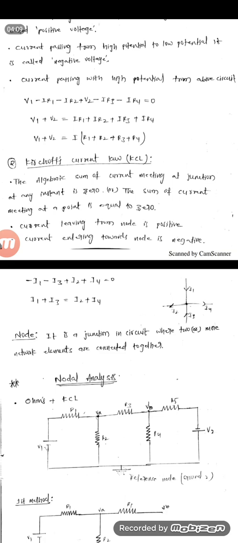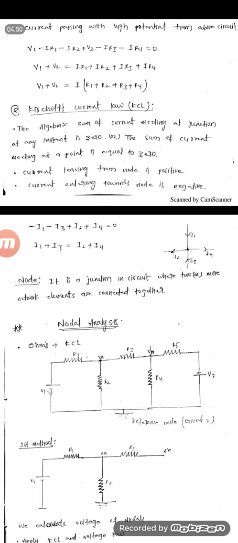In the previous section, when discussing KVL, we needed a closed path, but when discussing currents, we need a node or a particular junction where the currents are meeting or leaving. We assume all the currents leaving the node are positive, and all the currents entering the node are negative. Some textbooks differ, but here we assume all leaving are positive, all incoming are negative.